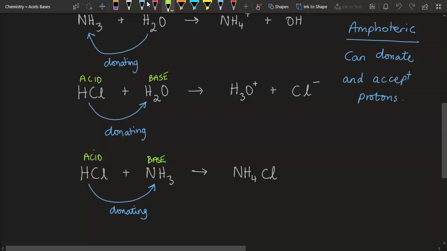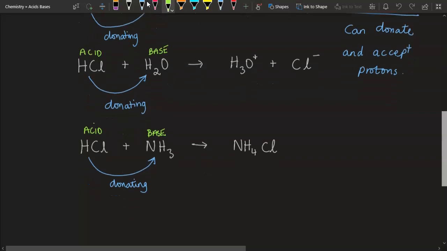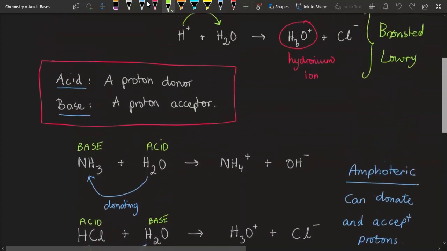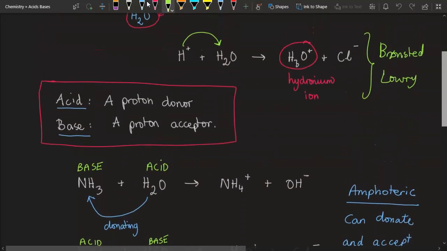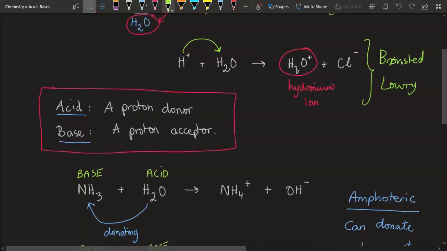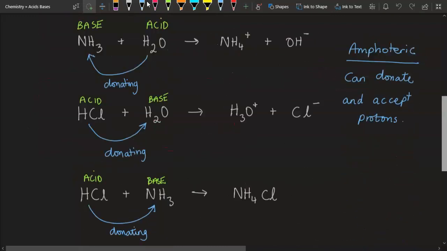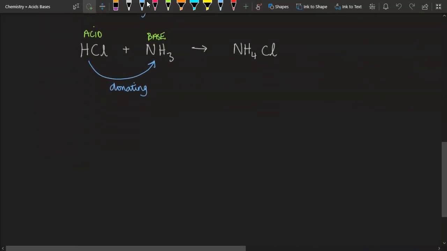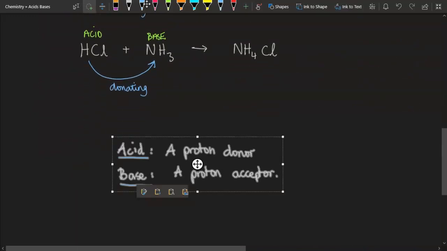That's it pretty much for Bronsted-Lowry acids and bases. The only thing that you've got to know is, if an acid is a proton donor and a base is a proton acceptor, well then what happens, I'm just going to select this for a second and copy it, and hopefully it'll paste down here. It will, fantastic.